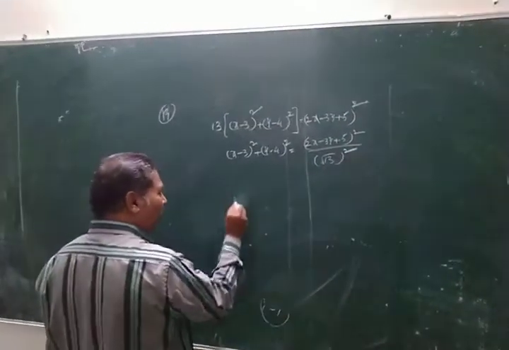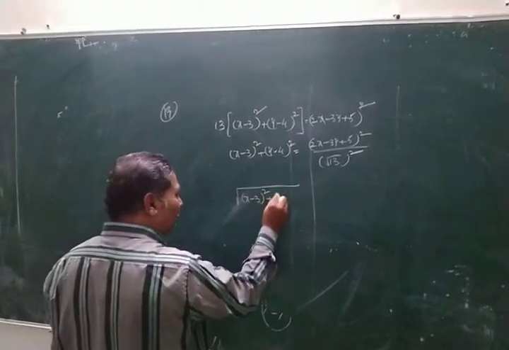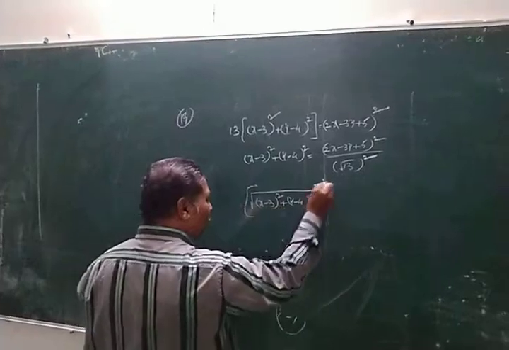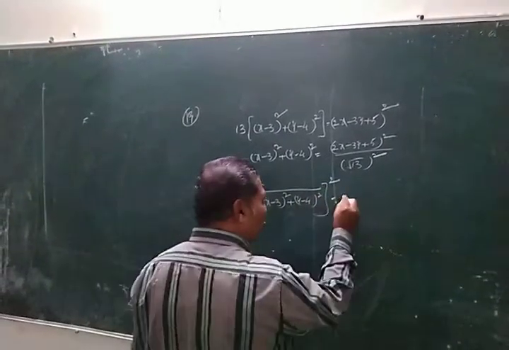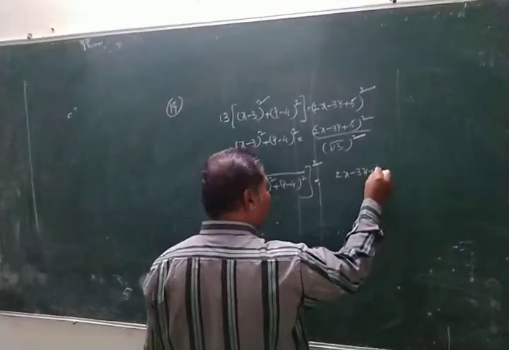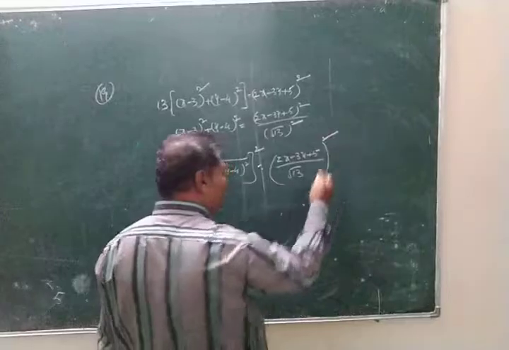Under root, x minus 3 whole square plus y minus 4 whole square equal to 2x minus 3y plus 5 by root 13.